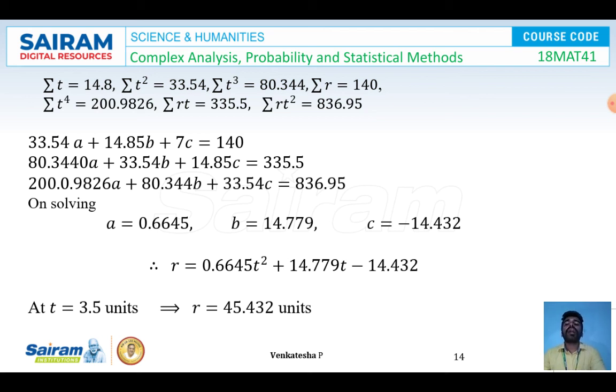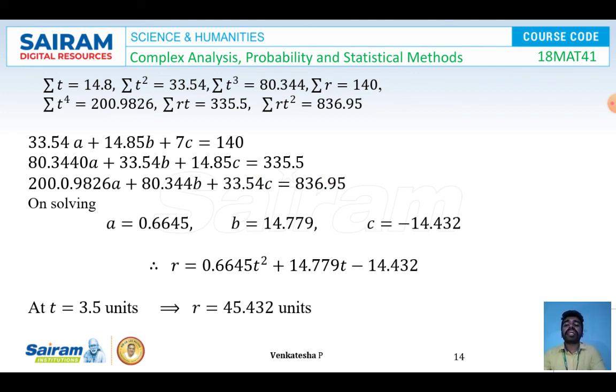So now replacing these values in the normal equations, I got 33.54a plus 14.85b plus 7c is equal to 140, 80.344a plus 33.54b plus 14.85c is equal to 335.5, 200.0982a plus 80.344b plus 33.54c is equal to 836.95.